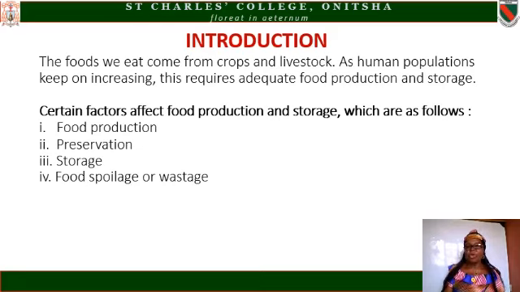So there will be no food shortage. Now, there are certain factors that affect food production and storage, and these factors are as follows. 1. Food production. 2. Food preservation. 3. Food storage. And finally, food spoilage or wastage.